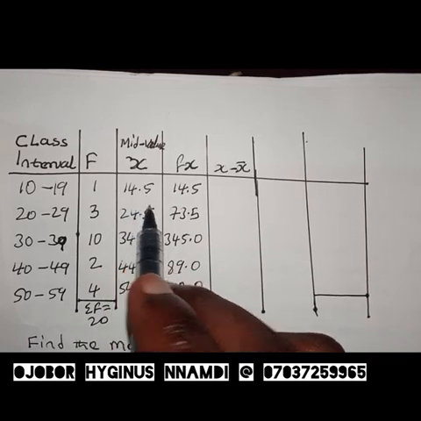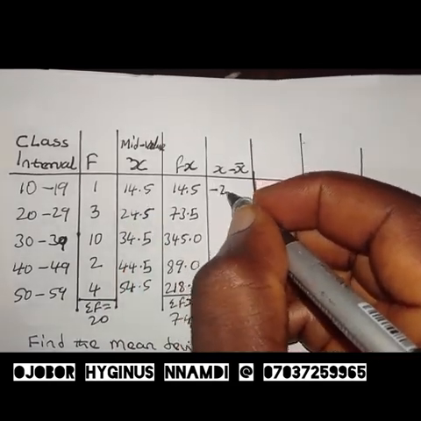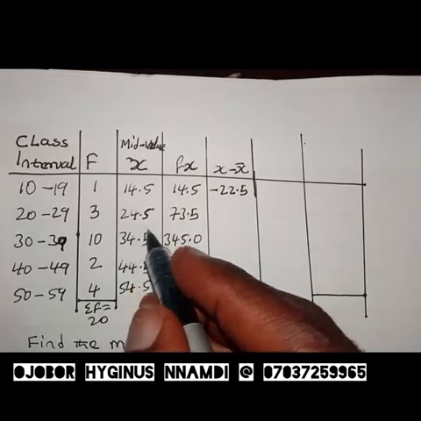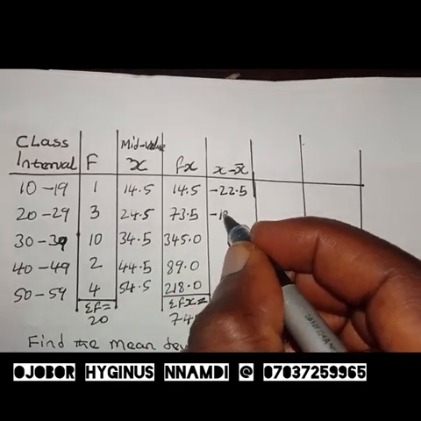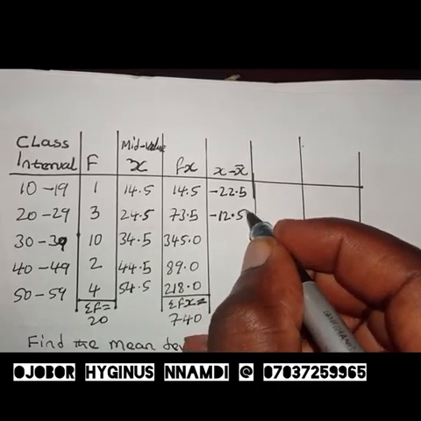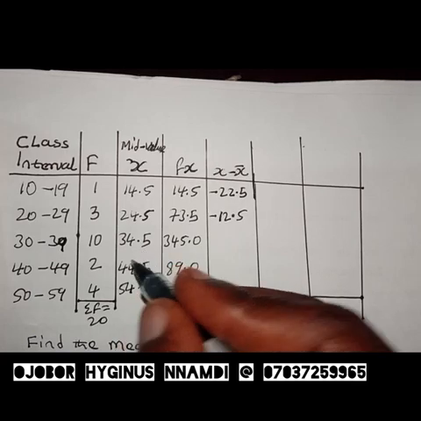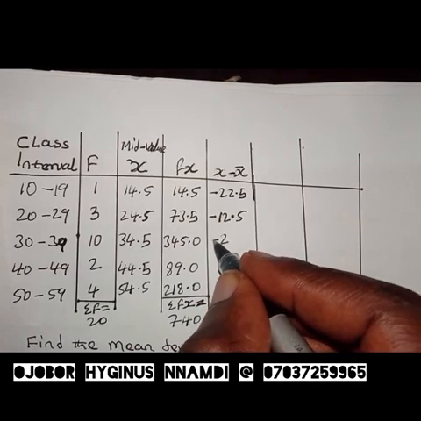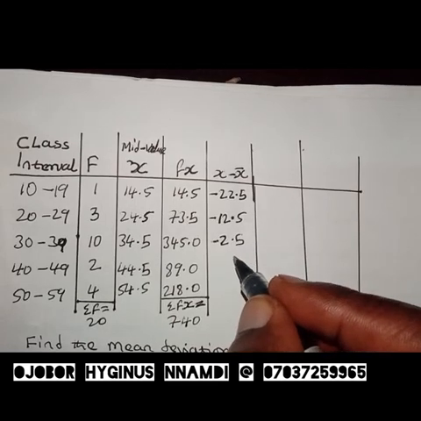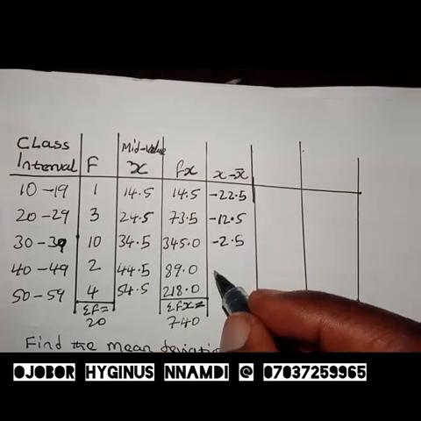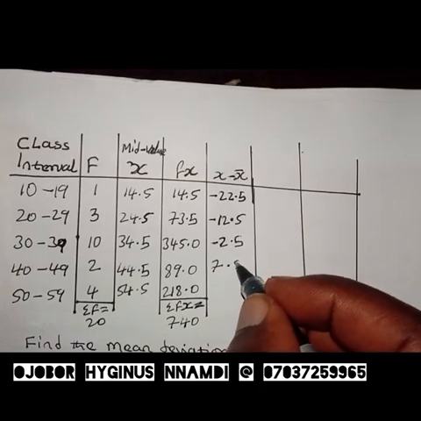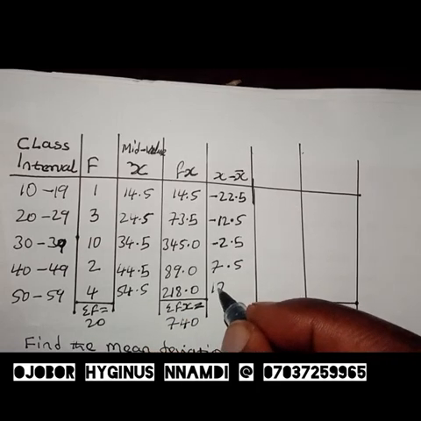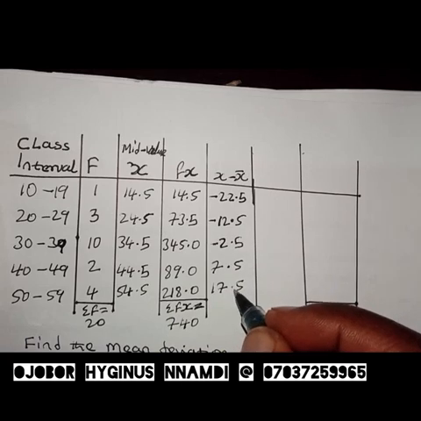So 14.5 minus 37 will give us minus 22.5. 24.5 minus 37 will give us minus 12.5. 34.5 minus 37 will give us minus 2.5. 44.5 minus 37 will give us 7.5. And then 54.5 minus 37 will give us 17.5. And we have gotten that.